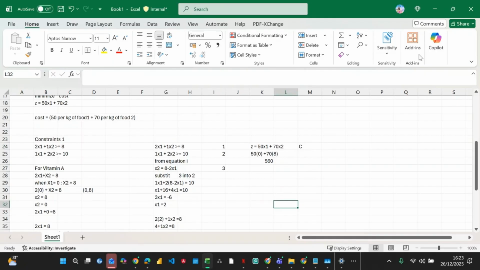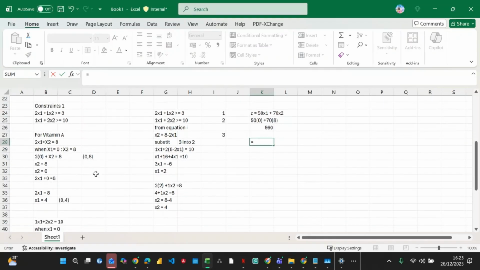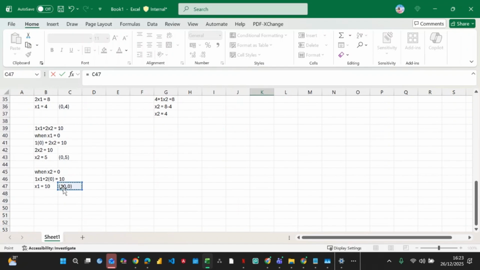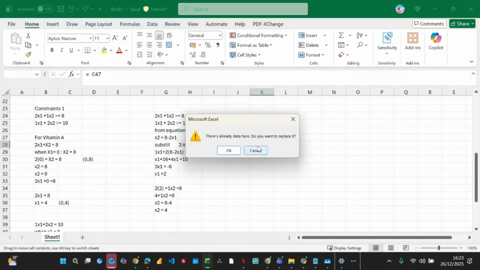This is for C. And then I'm looking at the next one, Z, which is this point, looking at the highest.